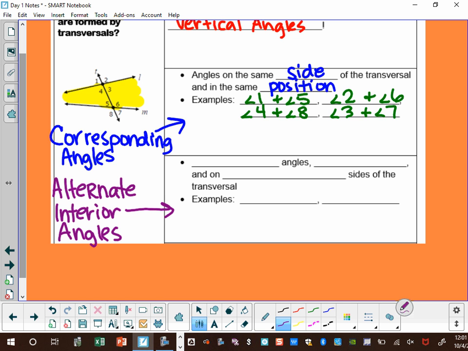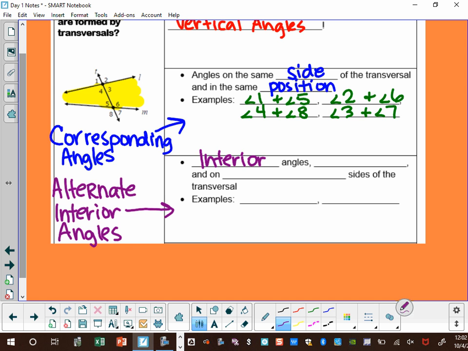All right, what does the word alternate mean? Takes turns. Okay, yeah, like you take turns. For geometry, we think of alternate like opposite, okay? Interior, is that inside or outside? Inside. So my definition is that interior angles would be inside.